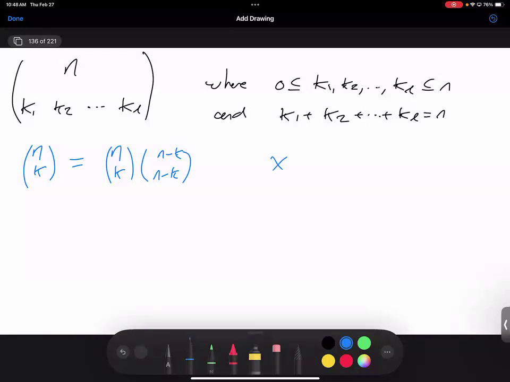And we get these by expanding things out, x plus y to the n, and that's going to be the sum, k goes from 0 to n, n choose k, x to the k, y to the n minus k. How do you think I might get multinomial coefficients? Where do you think multinomial coefficients might come from?